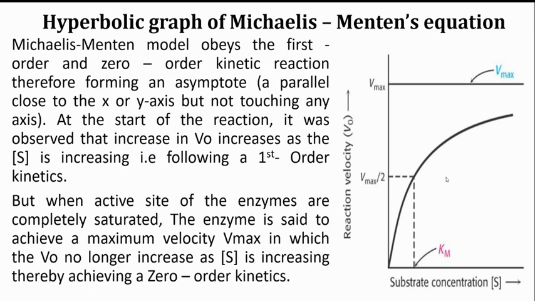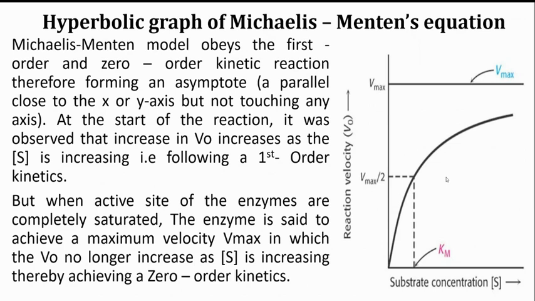Now, the Michaelis-Menten model obeys both first order and zero order kinetics, therefore forming an asymptote, a line parallel close to the x or y axis, but not touching any axis. At the start of the reaction, it was observed that VO increases as substrate concentration is increasing, following first order kinetics.